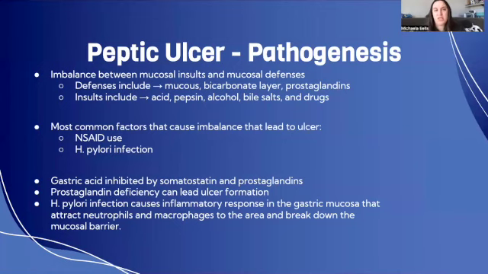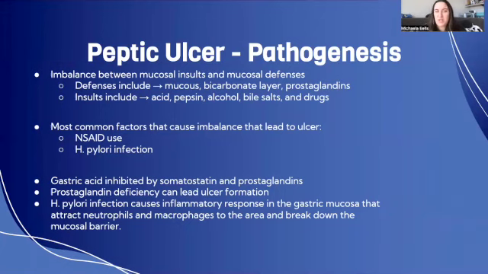So the pathogenesis for a peptic ulcer is an imbalance between mucosal insults and mucosal defenses. Some defenses include mucus, bicarbonate layer, and prostaglandins. There are a whole bunch of insults, but some include acid, pepsin, alcohol, bile salts, drugs.